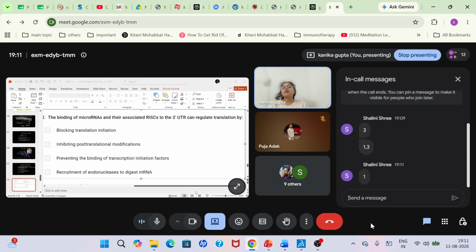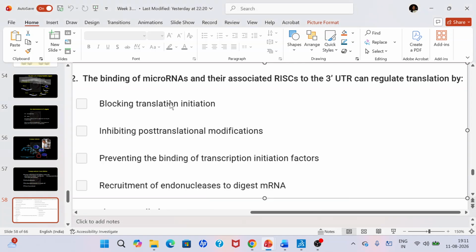Yes, the answer is blocking translation initiation and recruitment of endonucleases to digest mRNA. Okay? Blocking translation initiation and recruitment of endonucleases to digest mRNA. Okay? Next question.